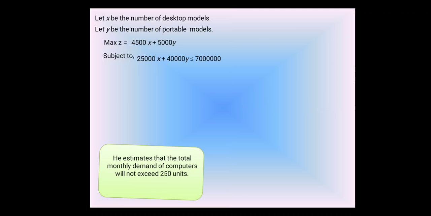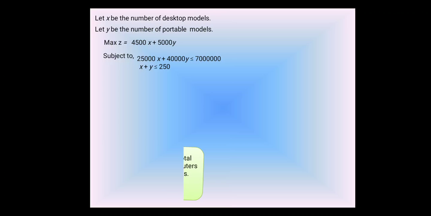And one more constraint is he estimates that the total monthly demand of computers will not exceed 250, which is nothing but the monthly selling is not exceeding 250, that is x plus y less than or equal to 250, and x comma y greater than or equal to 0.